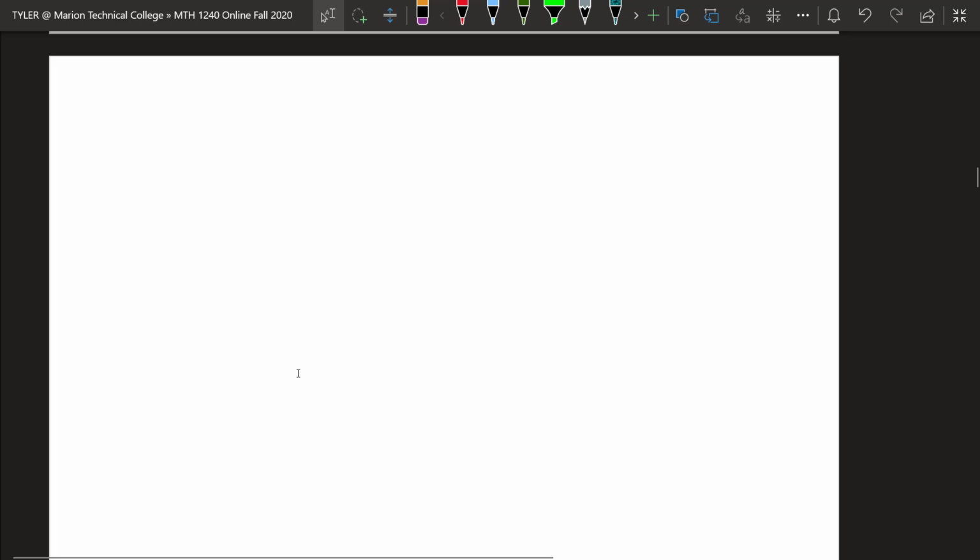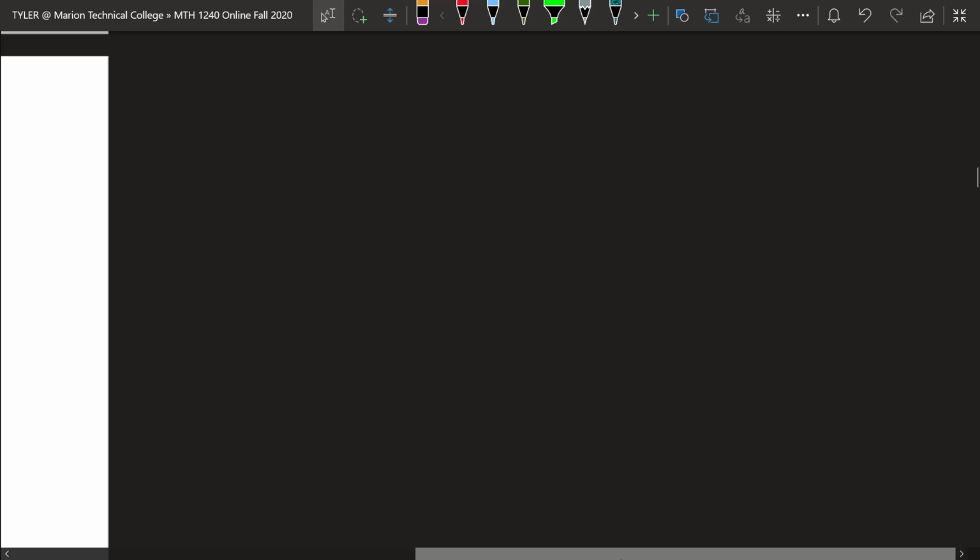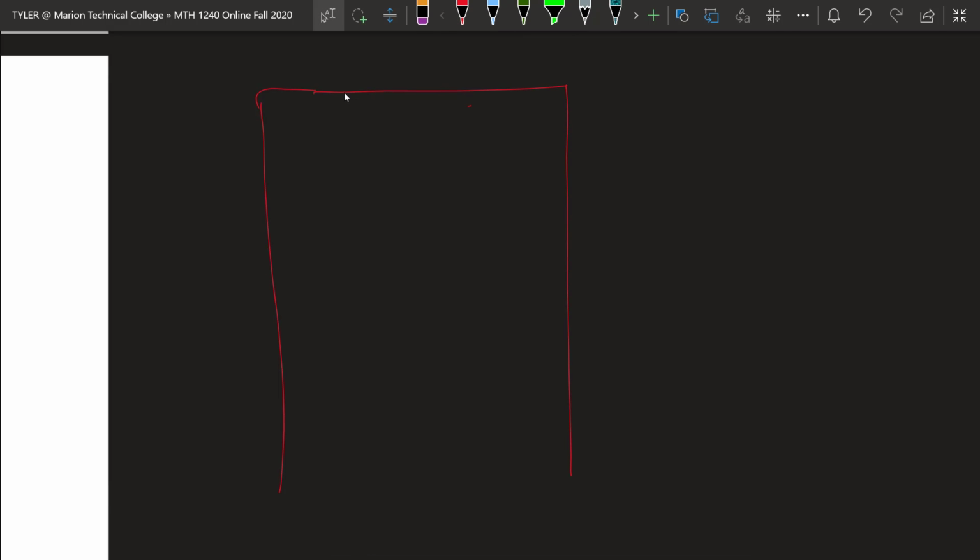All right, so we want to create a probability distribution for this situation. So remember that a probability distribution is a table that shows all the possible outcomes of the random variable and its corresponding probability. So here's my x values, my possible outcomes.